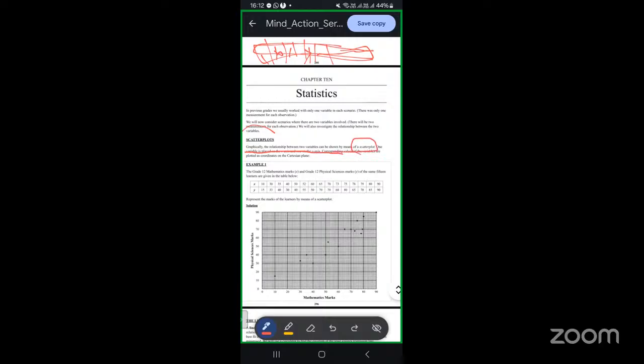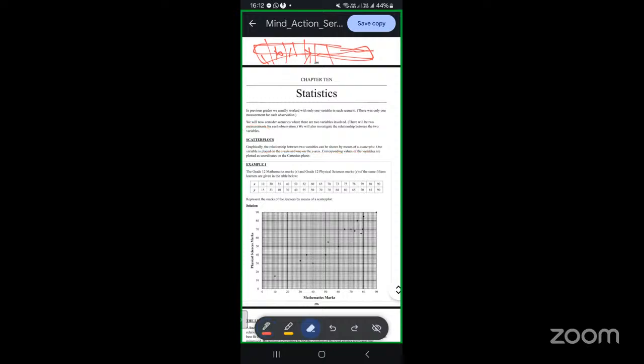Because if you have got two variables, graphically, you can do a lot of plots. It can be a bar graph, a histogram, or anything. But for now, we are still talking about only the scatter plot.